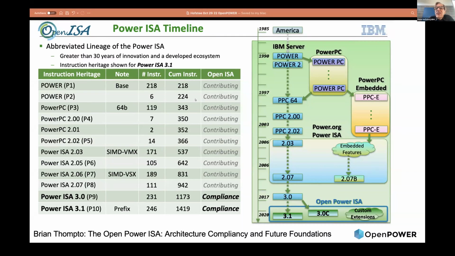As you can see in the chart, there's not just the server architecture, there's also PowerPC, which was used by Motorola, mostly for networking and automotive applications, and also jointly by Motorola, Apple, and IBM in various Apple products.